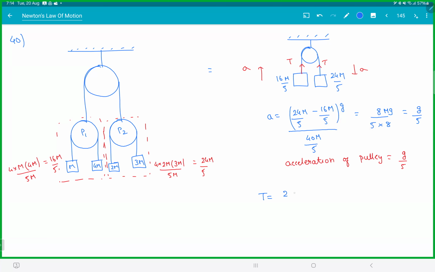Tension would be 2 M1 M2 g by M1 plus M2. How much is this?